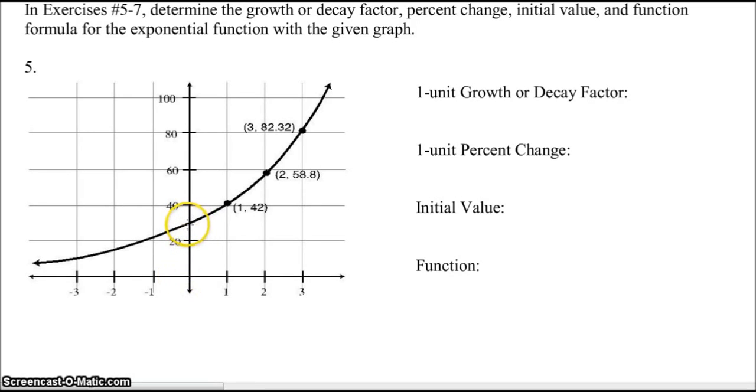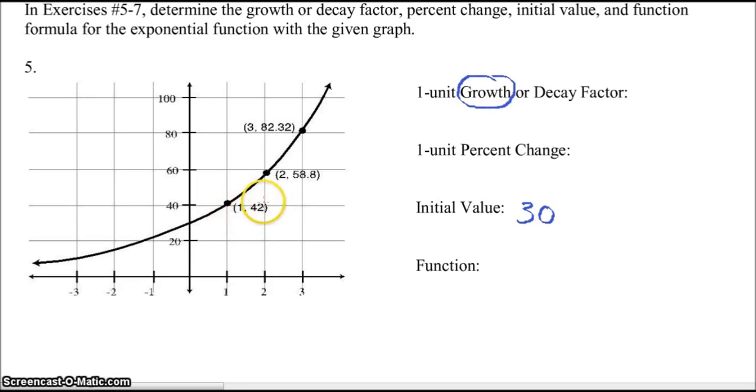That's where we cross the y-axis, the y-intercept, when the value of x is 0. Let's see what else. Notice that it's an increasing function, so we're going to have a growth factor. That's about it for now.